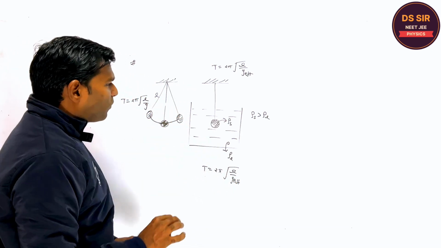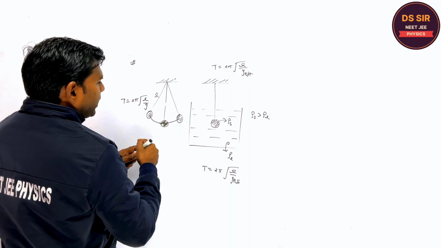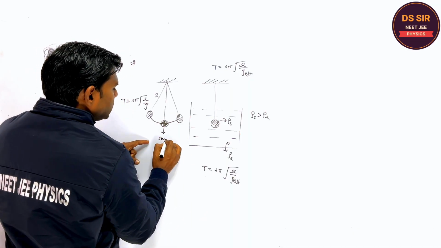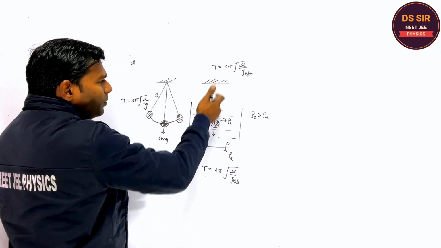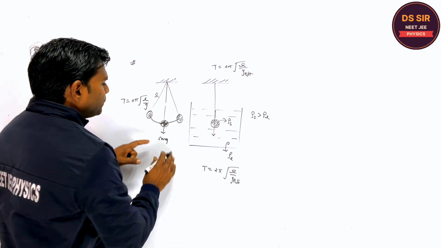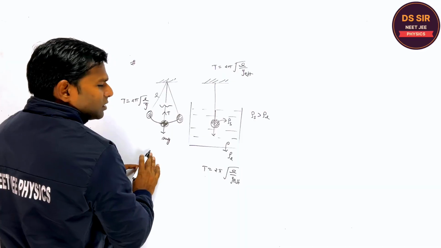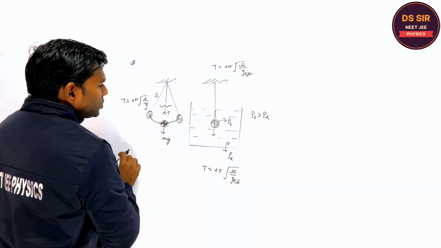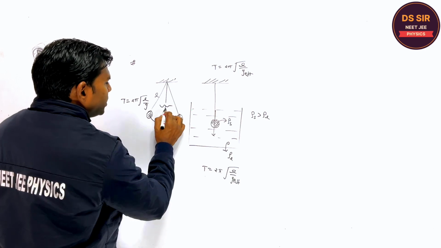Listen one thing: as I told you, this is the mean position, also here it is the mean position. Are you getting or not? Mean position means it is at rest and net force on the body is 0. And if it is mg and T, when you cut the string, the tension is 0, so mg will act, mg upon m, the acceleration is g.